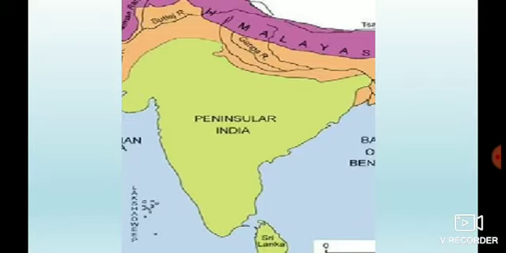To the east we have Bay of Bengal. And to the west we have Arabian Sea. Where a country is surrounded by water on 3 sides, we call it a peninsula. So India is called Peninsular India as it is surrounded by water on 3 sides.